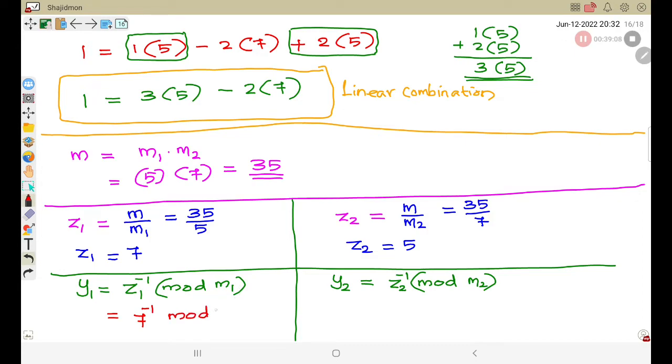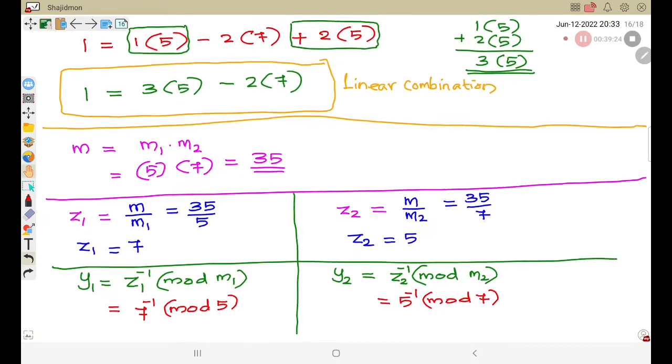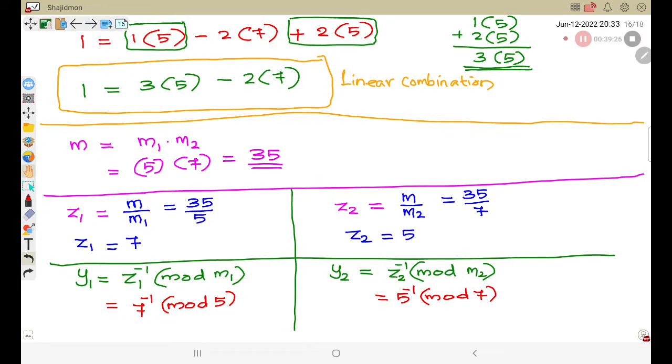What is m1? 5. And here z2 means 5, so z2 inverse mod m2 means 7. You can do it slowly, write and do step by step. So we will get like this.